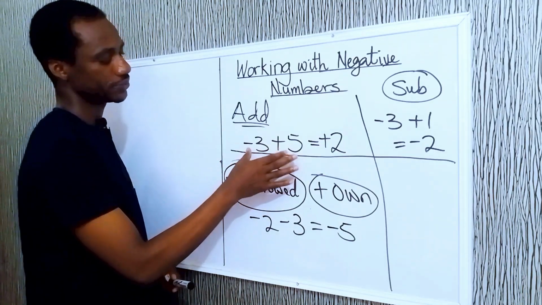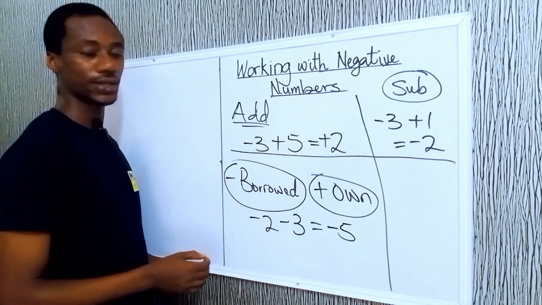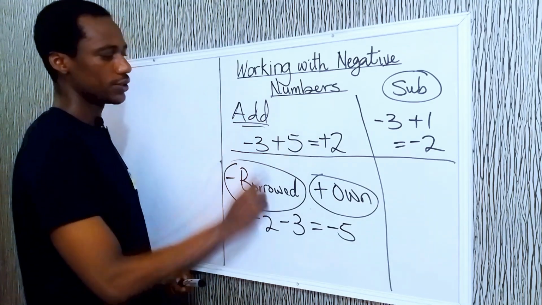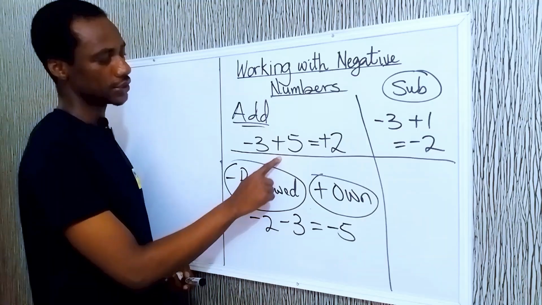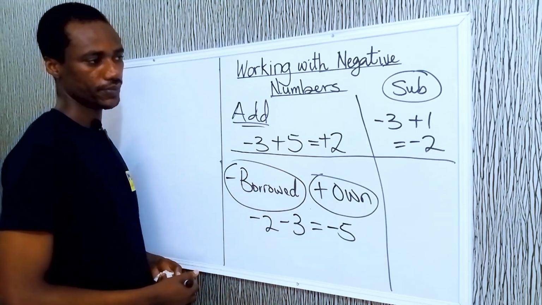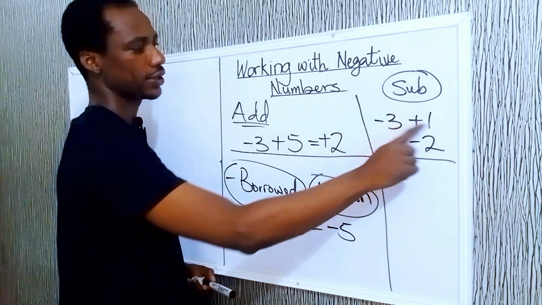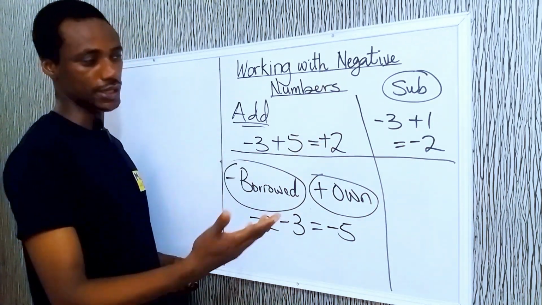So look at it here. Here we did 5 minus 3, which is 2. Then we check, 3 or 5, which is bigger? 5 is bigger, and 5 has the positive sign, so the answer is positive. Here we have 3 and 1, so we do subtraction. We already know when we have minus this plus that, we're doing subtraction.